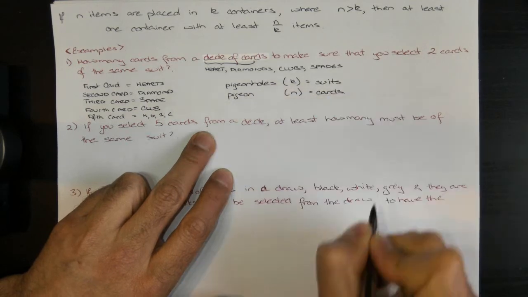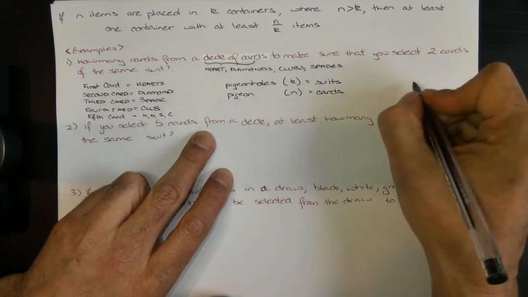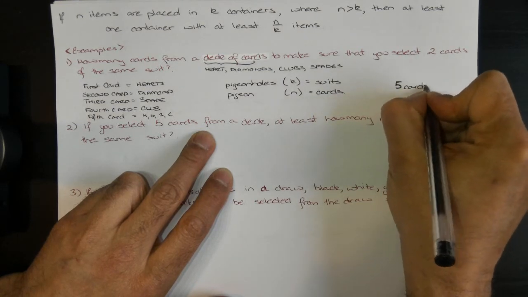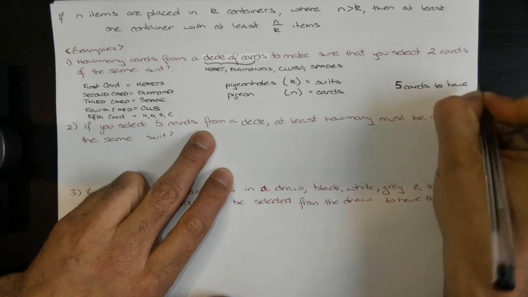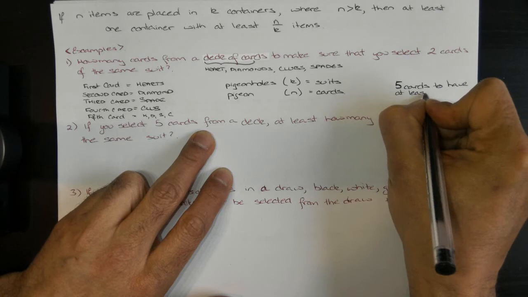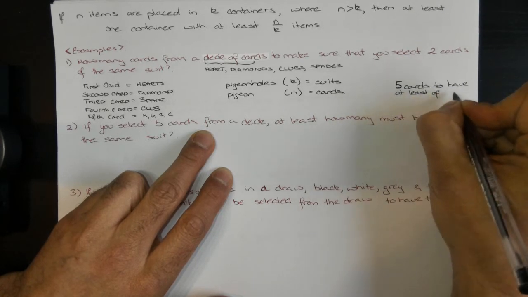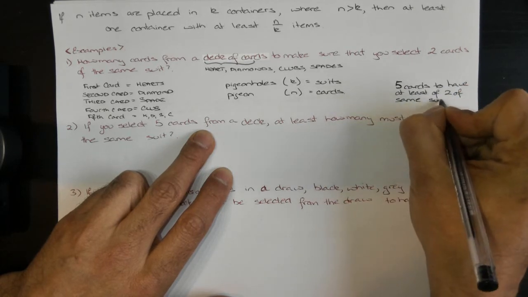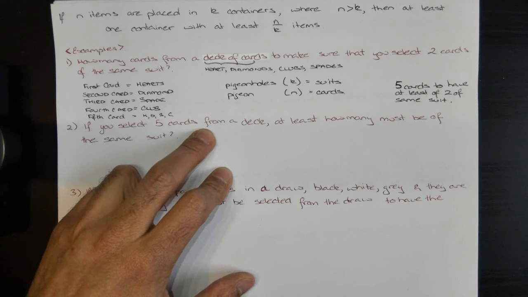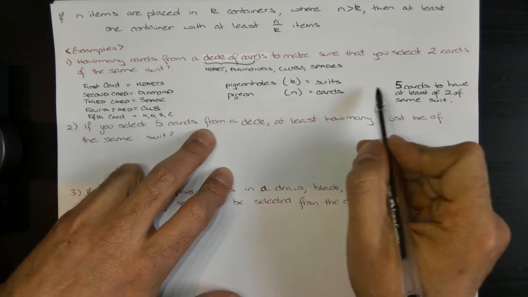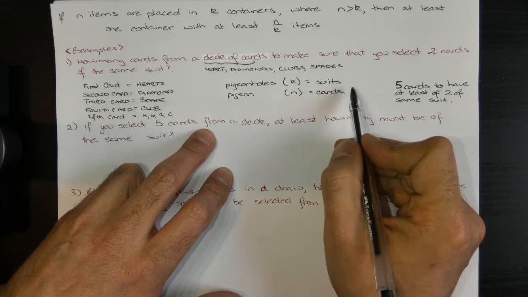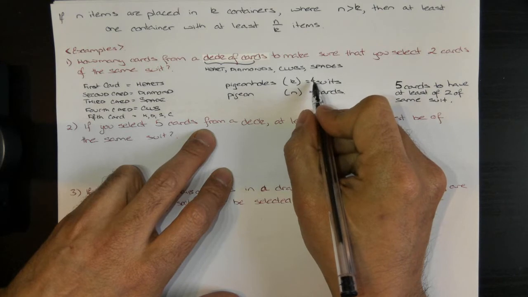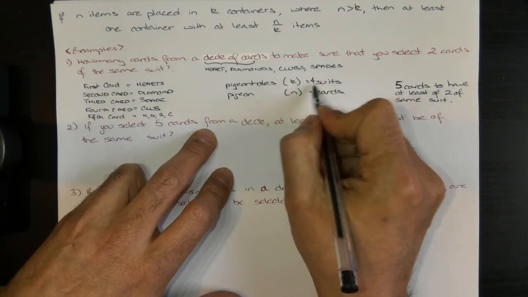Okay, so in this case, I need to take out at least 5 cards to have at least 2 cards of the same suit. Or in other words, I need to have n plus 1. So if I've got 4 suits, I'd have to go k plus 1.